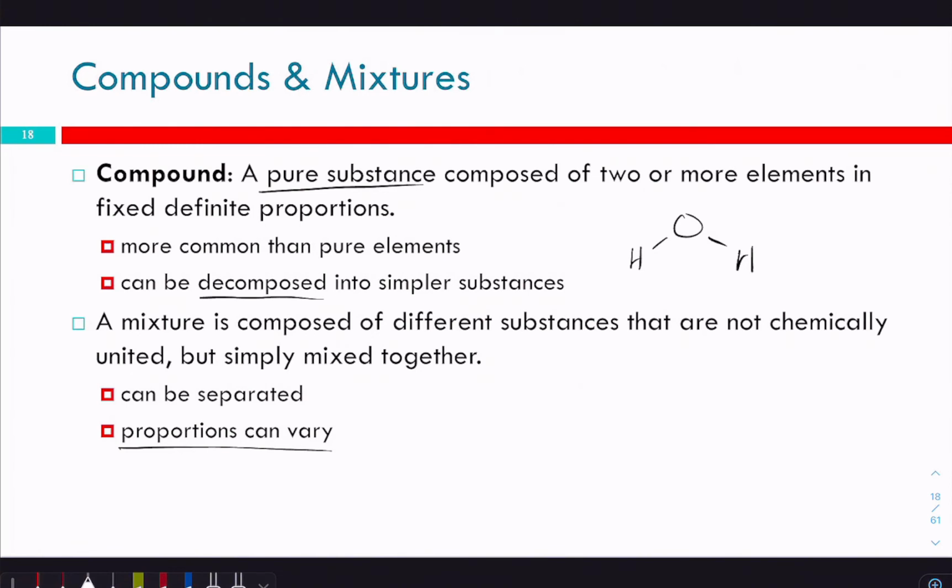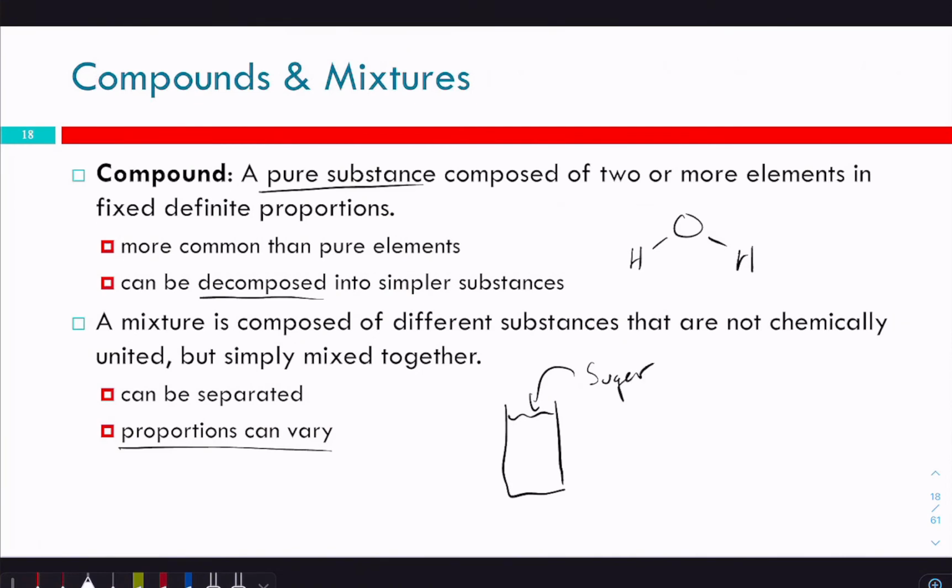So this is kind of like, let's say we have a glass of water, and it's pure water, reverse osmosis, the finest. And that would be a pure compound. But we can add sugar to it. So if I put sugar into here, sugar is by itself also a pure compound.